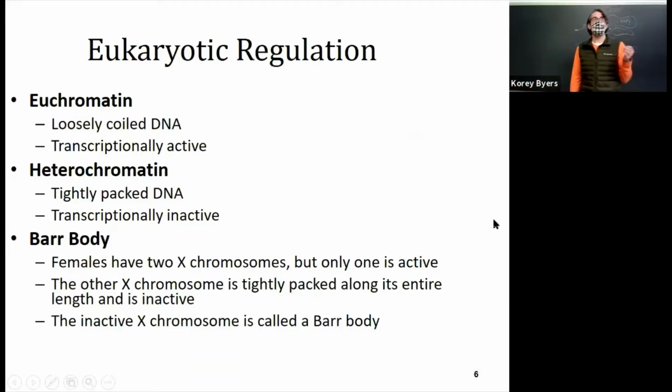If those nucleosomes, if the chromatin is uncoiled, it's loose, we can see all the nucleotides, it's called euchromatin. Eu means true. We call this transcriptionally active. We can use it to make a protein, and this is almost guaranteed to pop up on your exam.